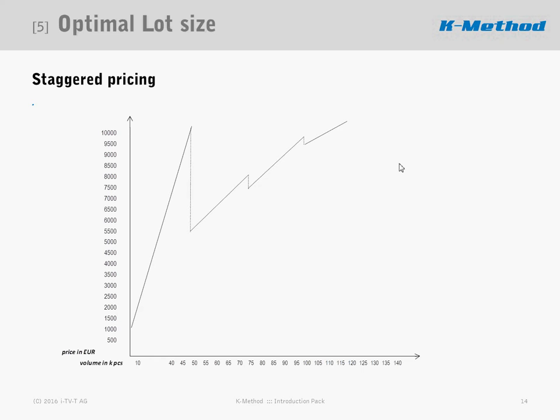So you artificially cause problems with staggered pricing, which wouldn't have been there if you would source at setup and run prices. So with the optimal lot size, with the MRP volume, you can call off without getting the punishment of not obeying threshold prices.